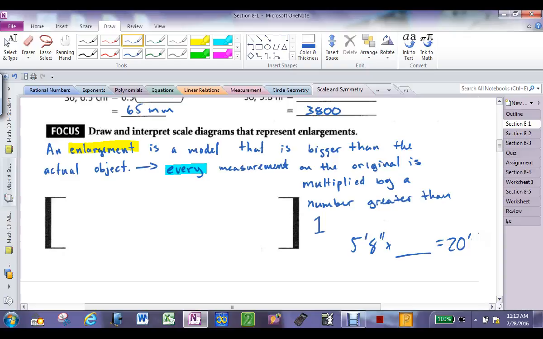Everybody understand? If I multiplied by 1, how tall would the statue be? Same size. Wouldn't be an enlargement, would it? If I multiplied by less than 1, how big would the statue be? Smaller than me. Lame. So multiply by a number bigger than 1 to get a statue bigger than me.